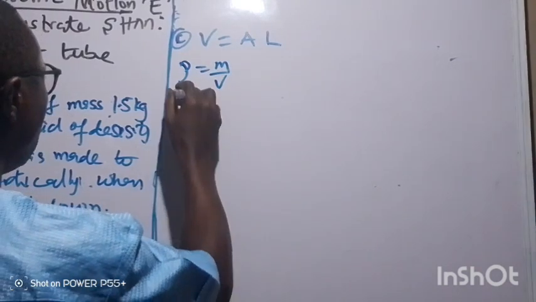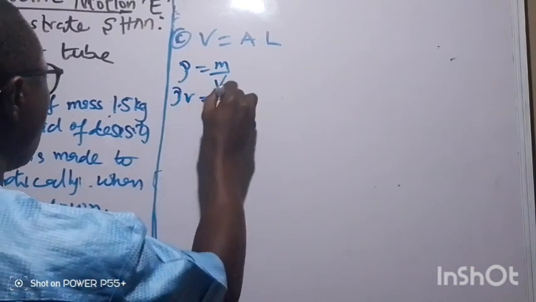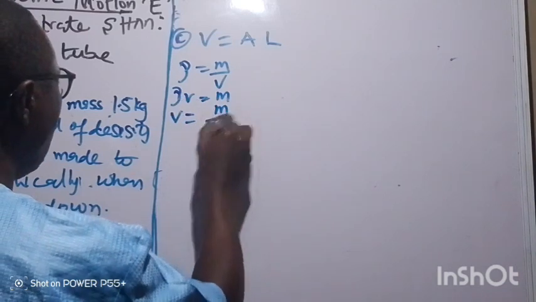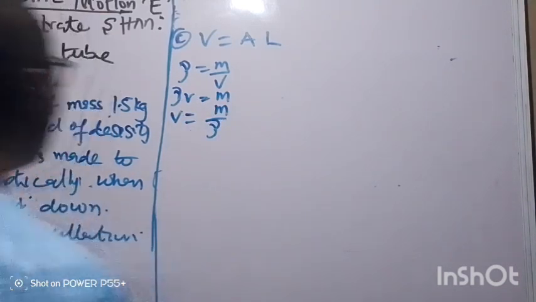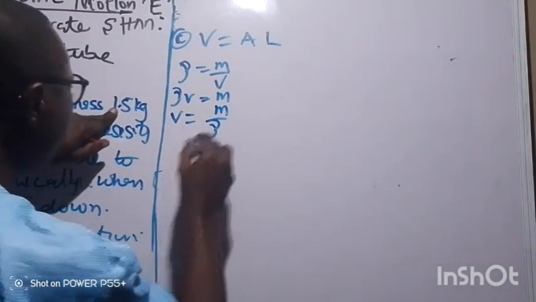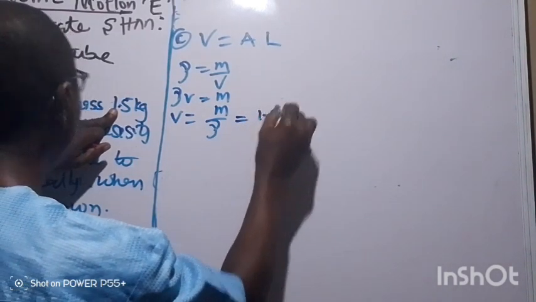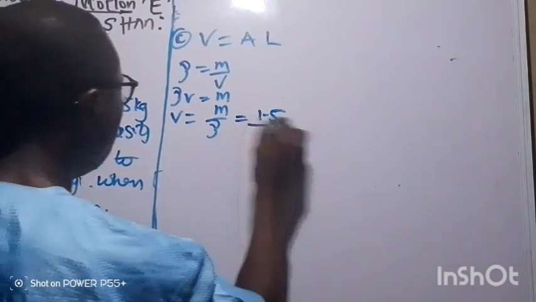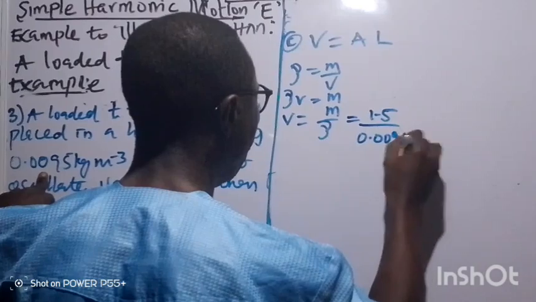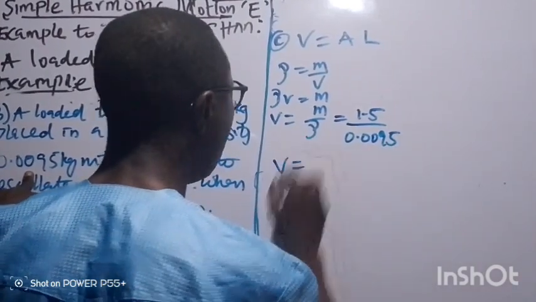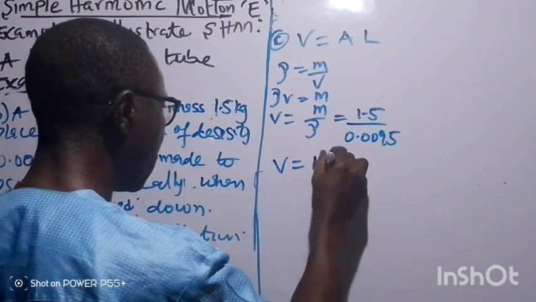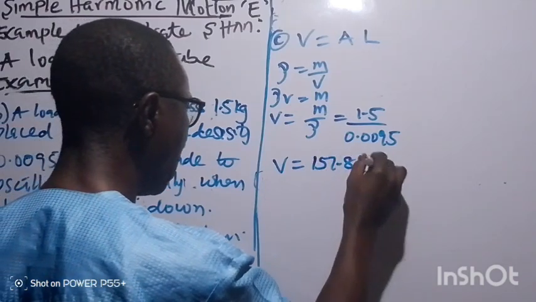So volume will be equal to mass over density. The mass given is 1.5, then over 0.0095. So the volume will be equal to 157.894 meter cube. That's the volume.